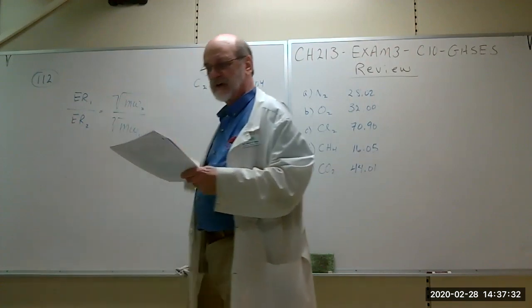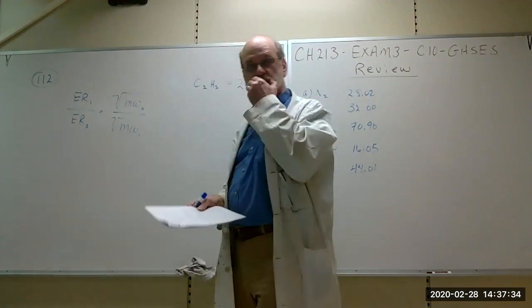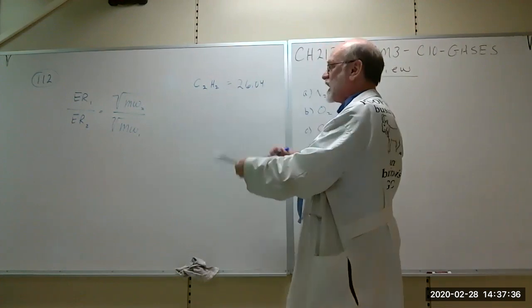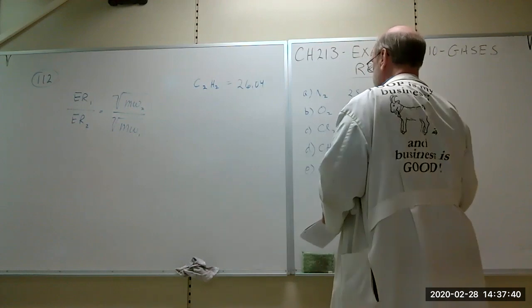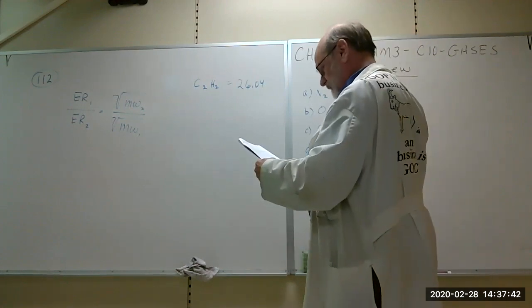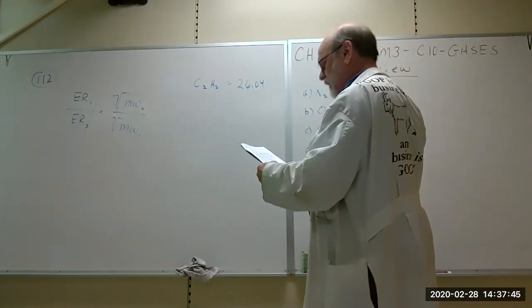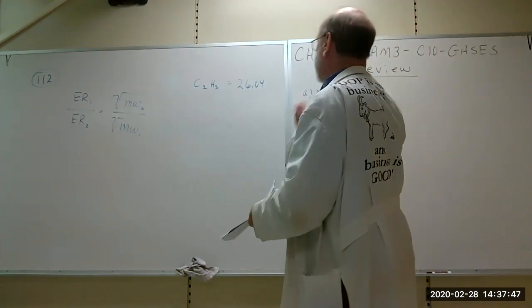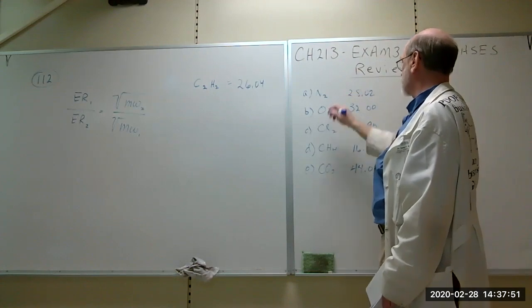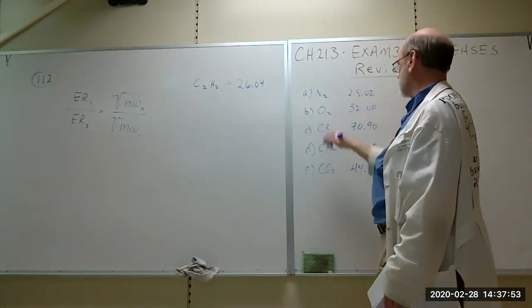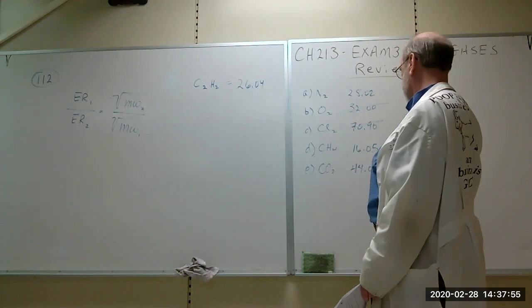We're not really going to calculate a value. We just know that the relationship is inverse. So which would have a higher effusion rate? Well, anything heavier than that would be slower, right? That's slower. That's slower. That's slower. That's slower.